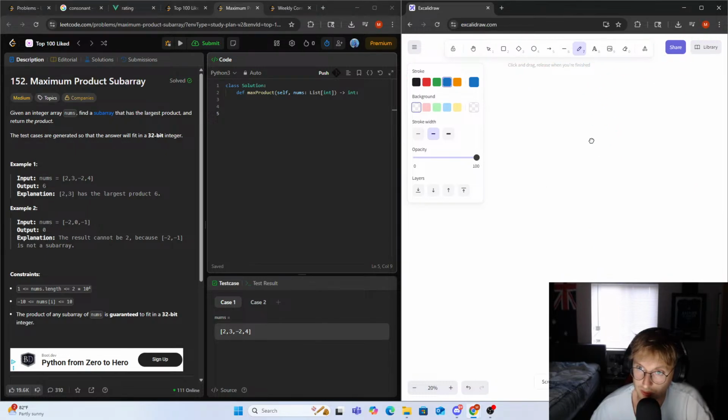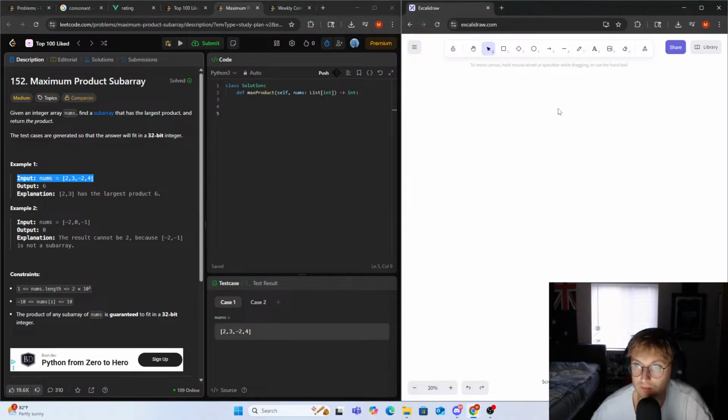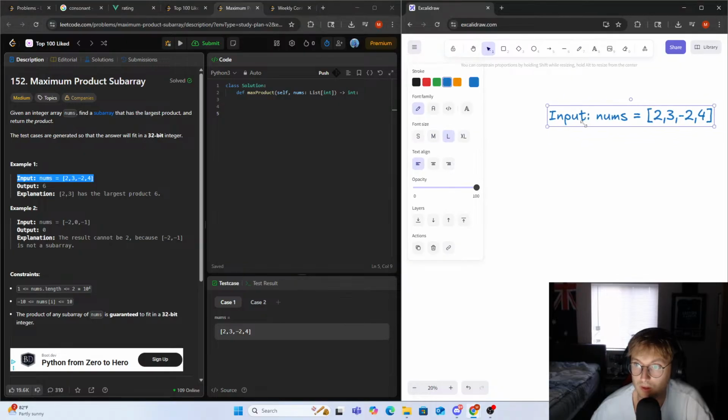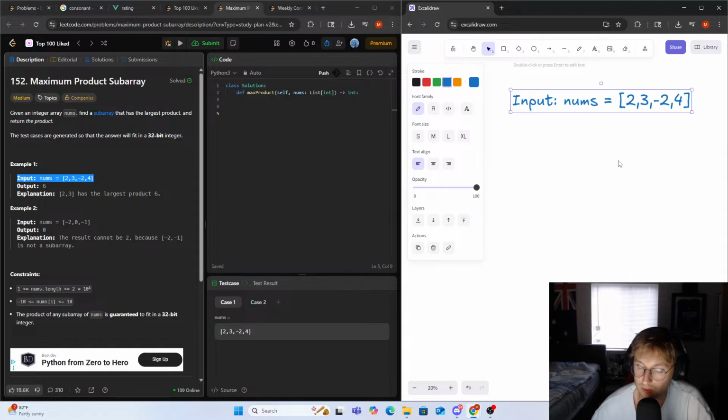Well, we know it's a DP problem, right? When I think about DP problems, I kind of like to think about the backtracking, the brute force version of this first.